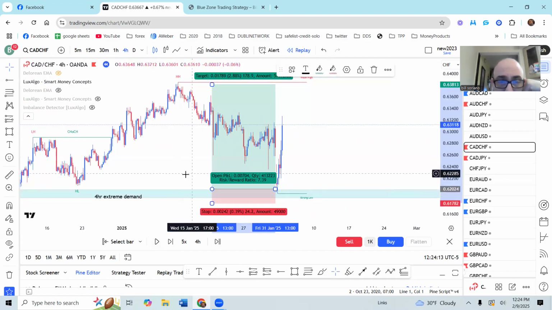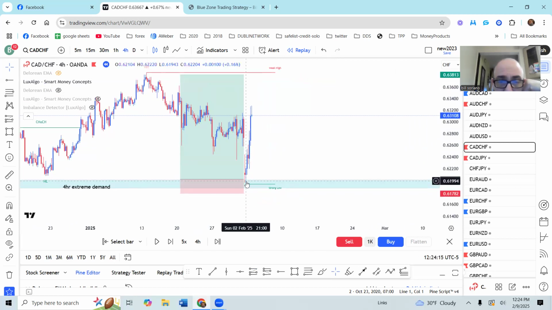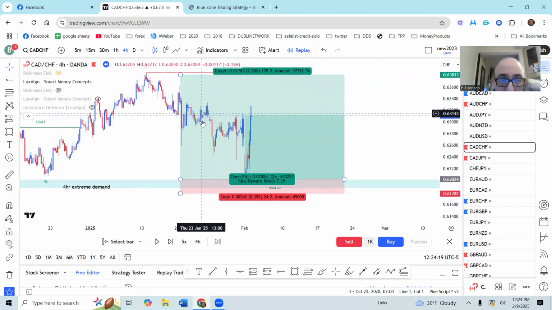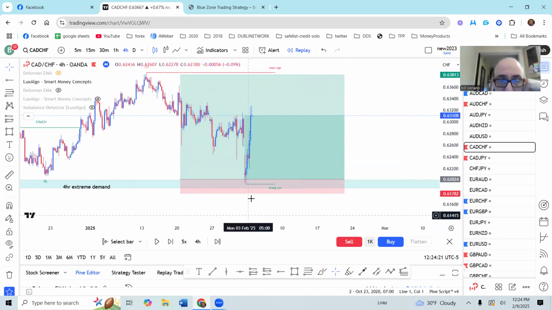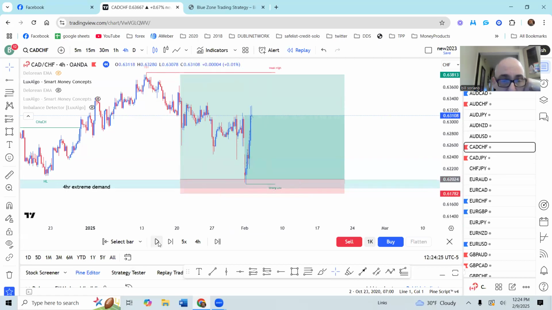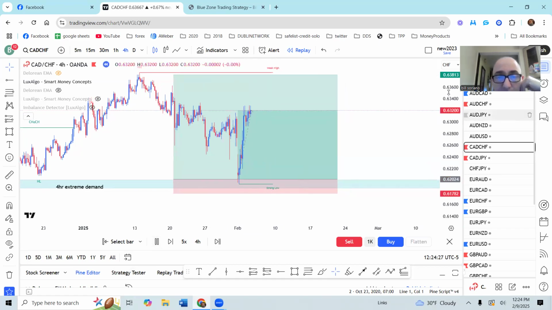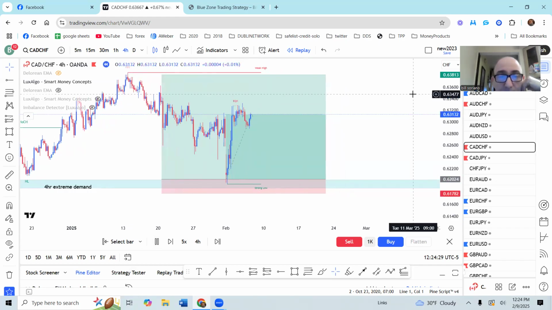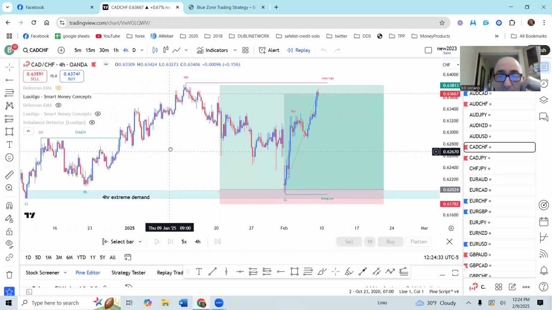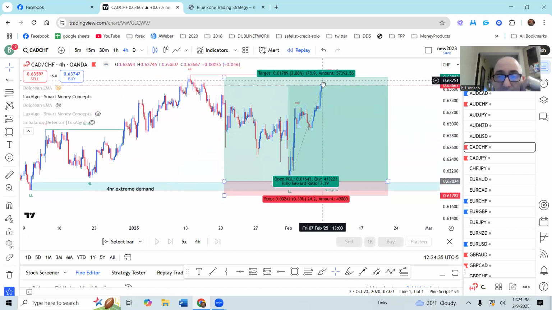And then right here we get tapped in. See how price works its way down, price comes down, and our buy limit order goes off. And then what happens after that? Price makes a big move up, and that's currently what we're looking at right now.